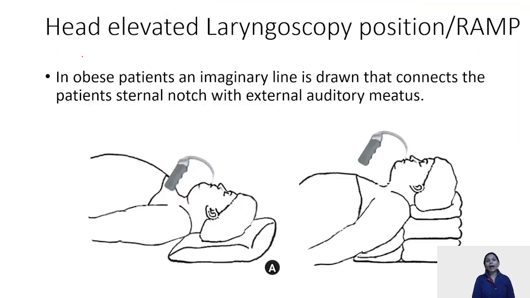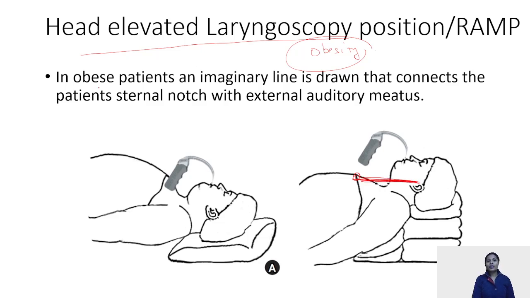This is the ramp position. In cases of obesity, we use the ramp position, as insertion of the laryngoscope would otherwise be very difficult, such that your sternal notch and your external auditory meatus are in the same line.